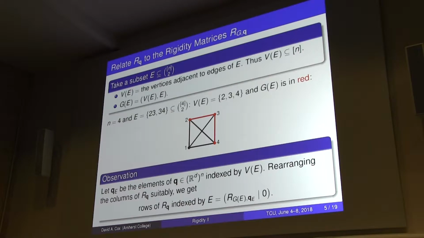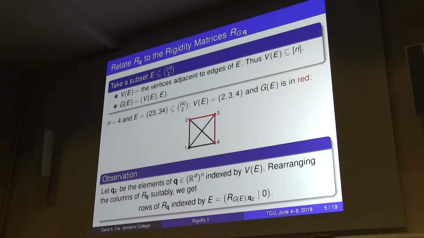I have this generic framework that I've fixed, and once I pick this set of edges, it has its corresponding vertex set. That picks out some of the elements that I'll call Q of E, because remember, the Q's are indexed by 1 through n. So when I pick these vertices, that picks a subset of the Q's. And this gives me a framework for the graph I get from this edge set.